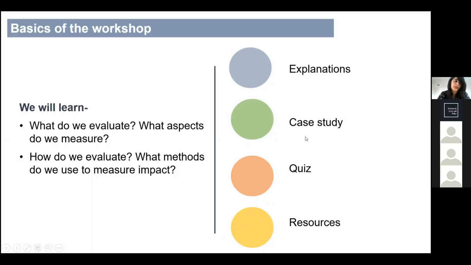All right, okay. So basics of the workshop. I am somebody who loves color coding, and I have color coded this entire workshop so that we can make it as interactive as possible. So all explanations will be in blue. We will be dealing with a running case study throughout the workshop, which will come in green colored slides or headings.